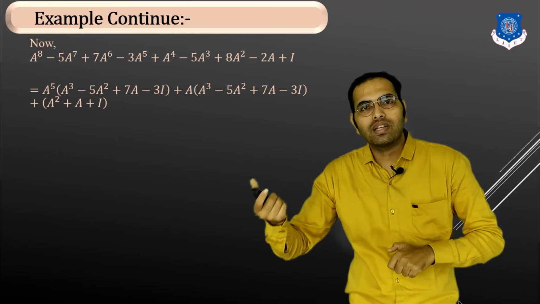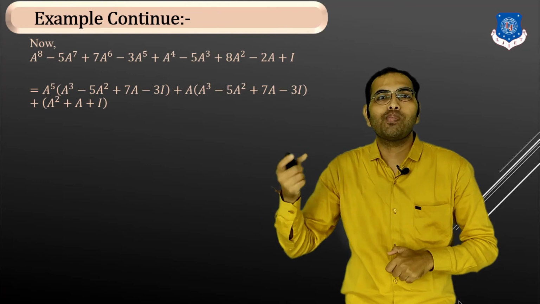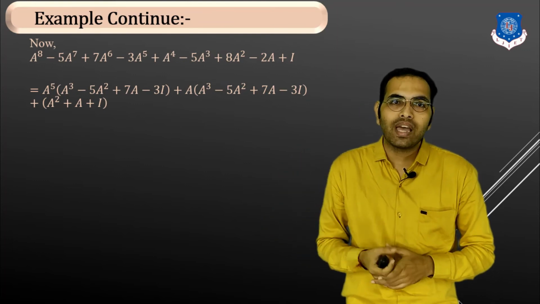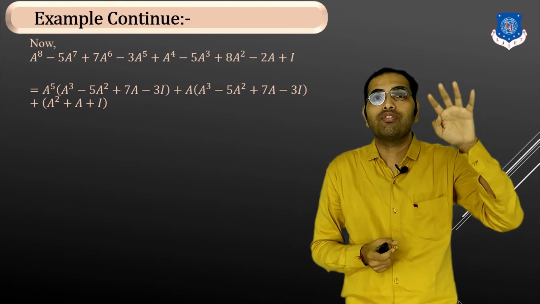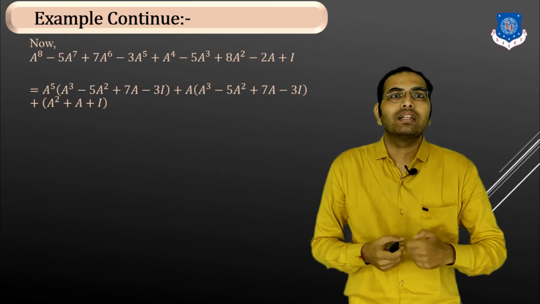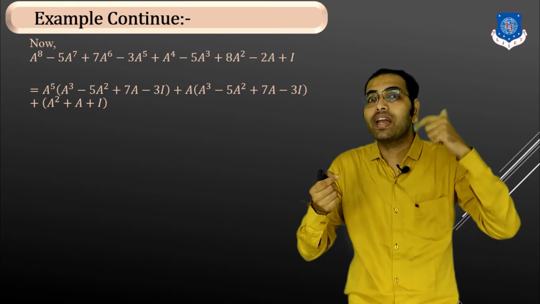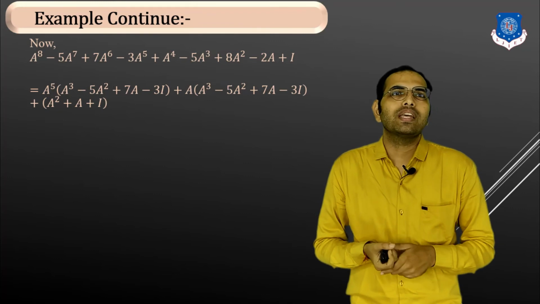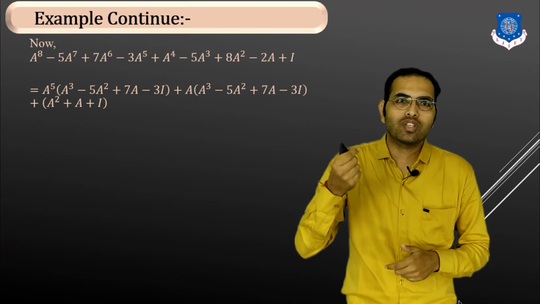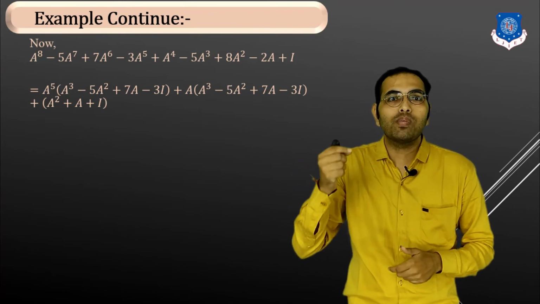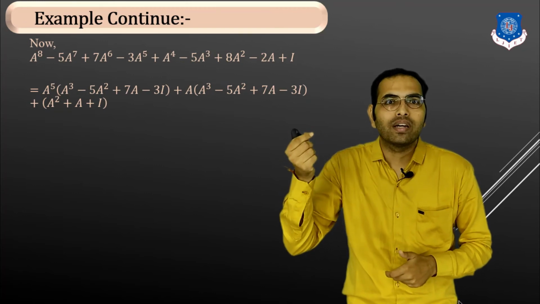Plus, similarly we can write in bracket A^3 - 5A^2 + 7A - 3I. The first four terms we already have. The term which is multiplied, we get A^4, obviously A, then A into A^3 is A^4 - 5A^3 + 7A^2.